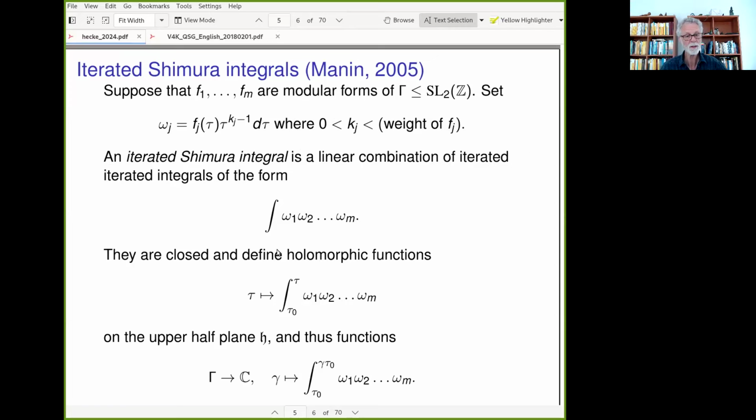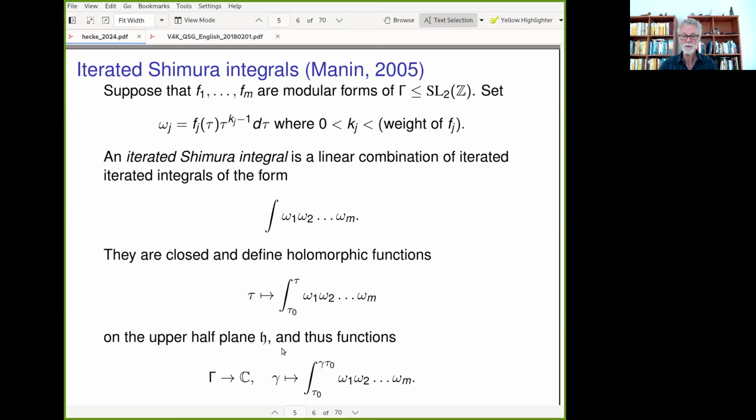Anyway, these are closed because they're holomorphic one forms on a curve, and so they define a holomorphic function or holomorphic functions on the upper half plane. Fix a base point tau 0, and the value of the function at tau is the integral from tau 0 to tau. This will be well defined and single valued because there's a unique homotopy class of paths between any two points in the upper half plane.